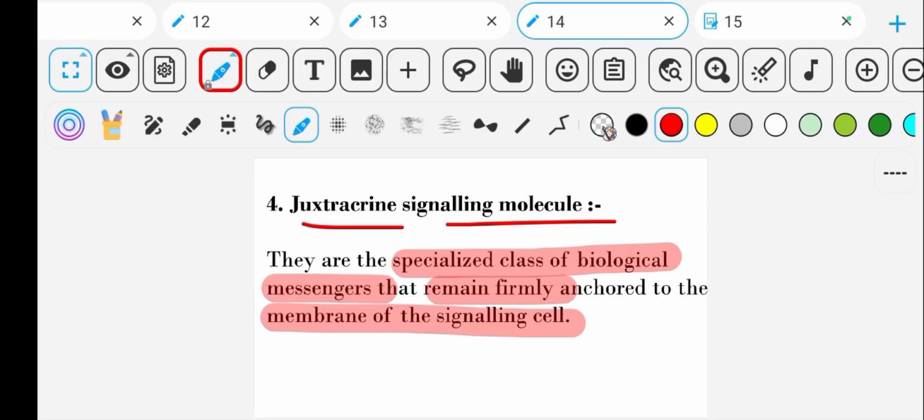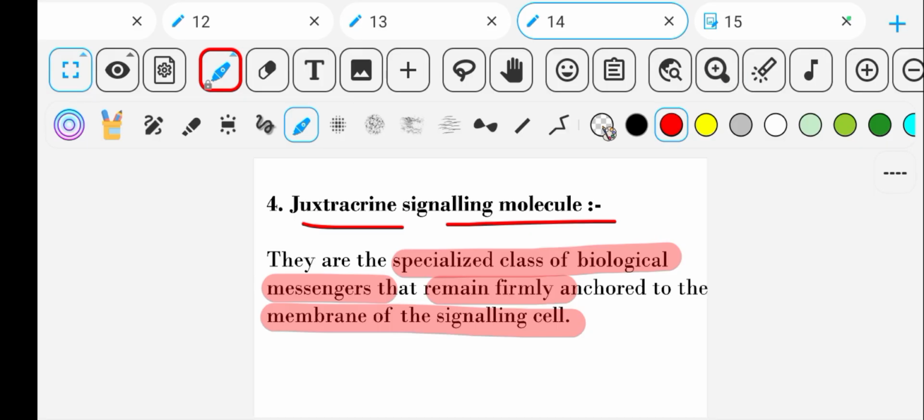Instead of being secreted to float or diffuse to distant targets, as with hormone signaling, these molecules initiate a response only when adjacent cells make direct physical contact. Because they require contiguous membrane to membrane contact, they are often referred to as contact-dependent signaling.